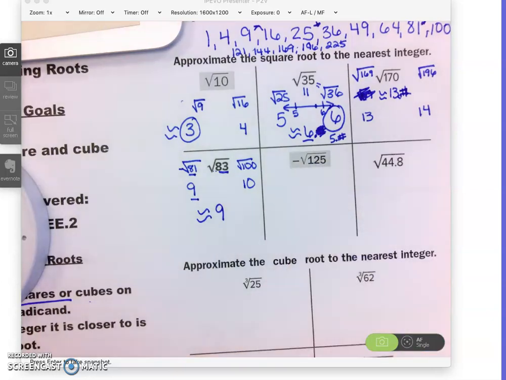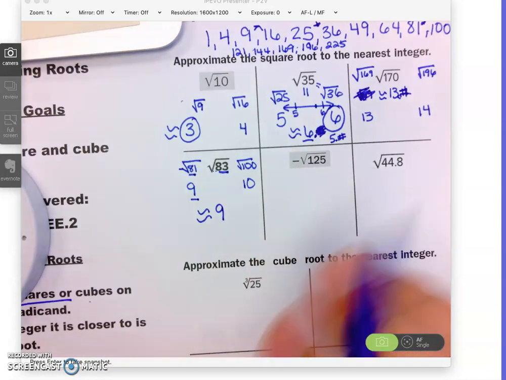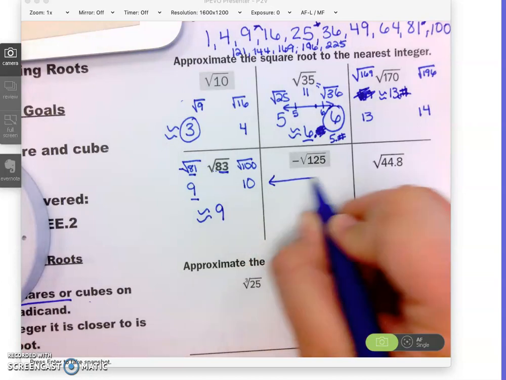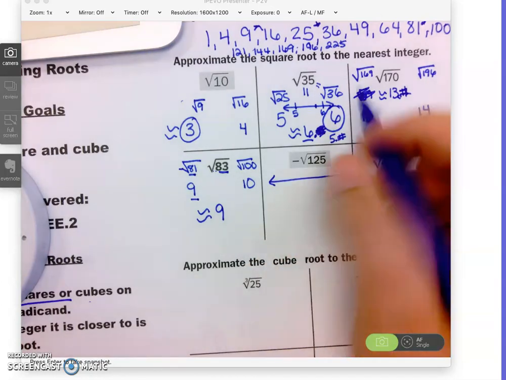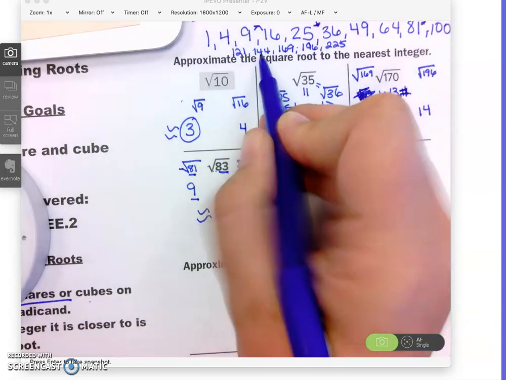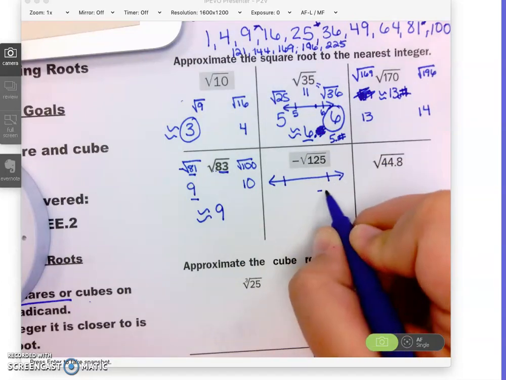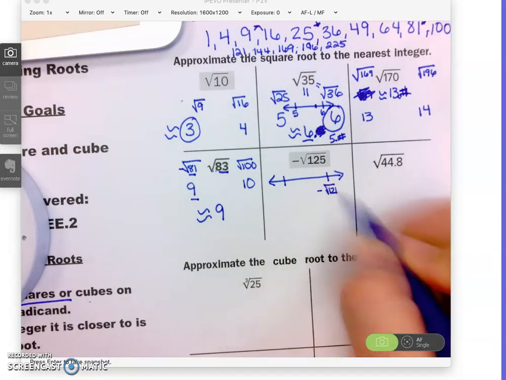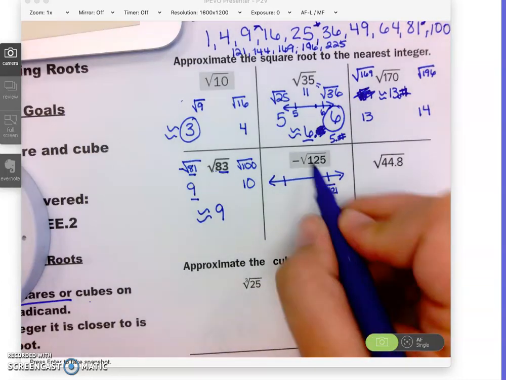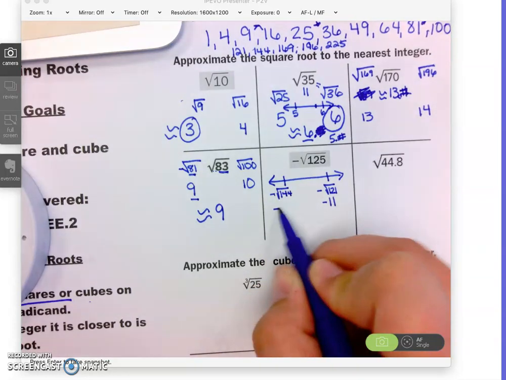Okay, now this one gets a little more tricky because we have a negative on the outside here. And with a negative, we kind of have to flip them around. So thinking of a number line, I might do a number line. 125 would be between 121 and 144. So negative square root of 121, that would be a negative 11, right? And negative square root of 144 would be a negative 12.